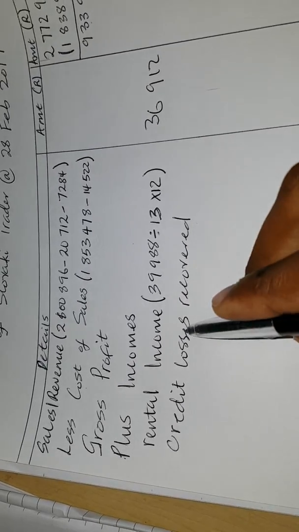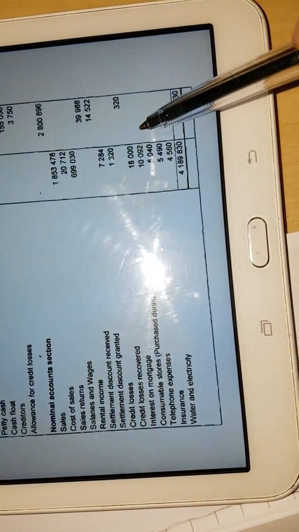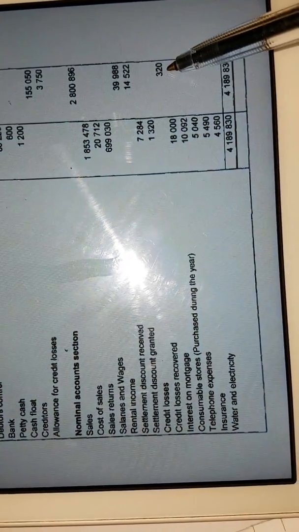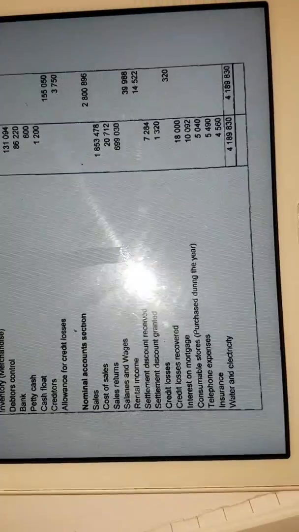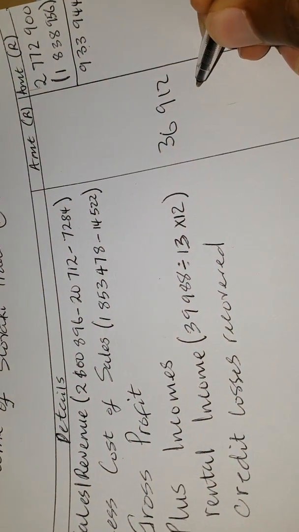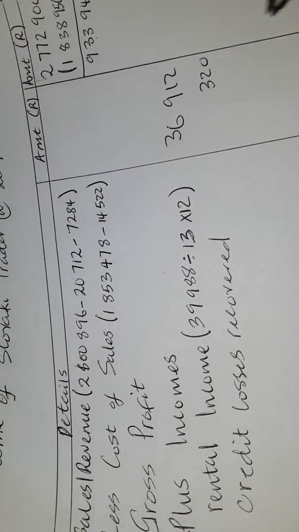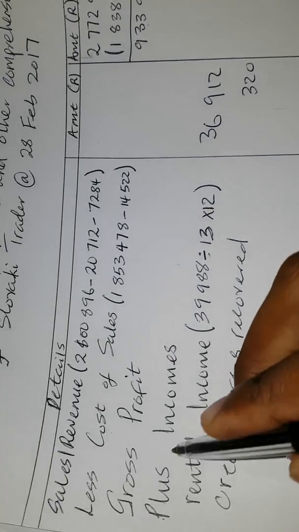Okay, so the credit loss recovered, how much did they recover here? It seems like they recovered 320. Let me use my ruler, sorry. Yes, it's 320. So we recovered 320. So now, how much is our income?